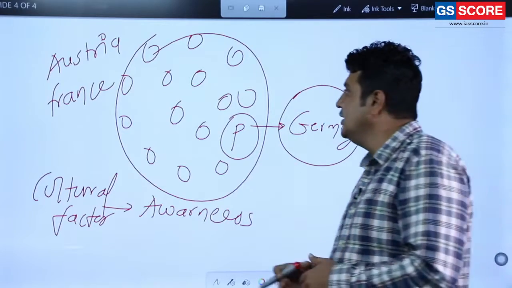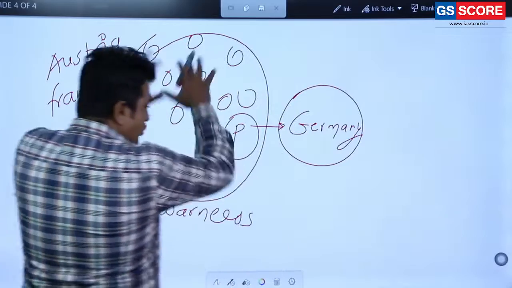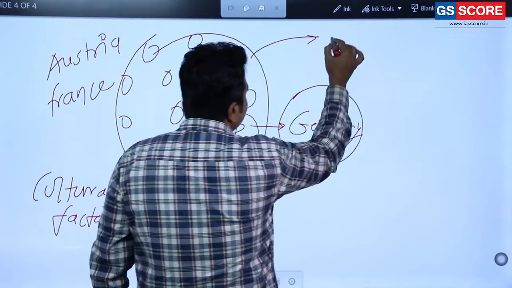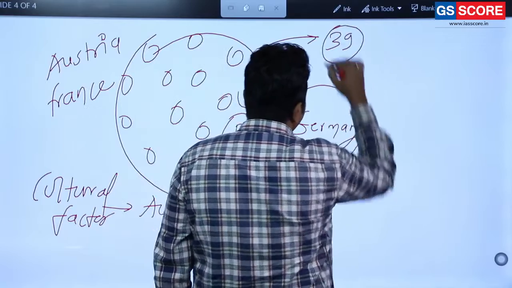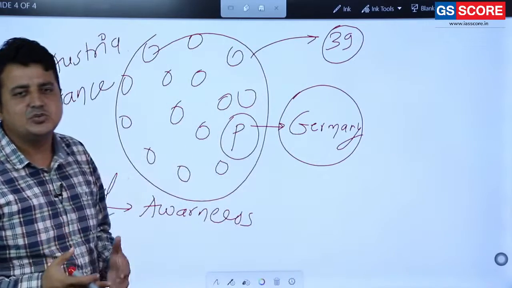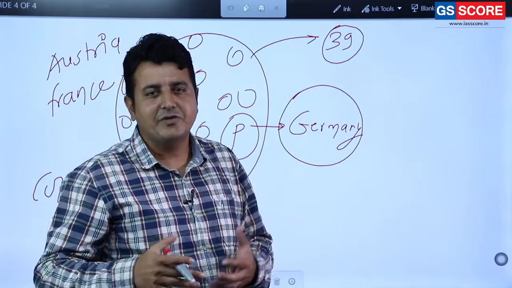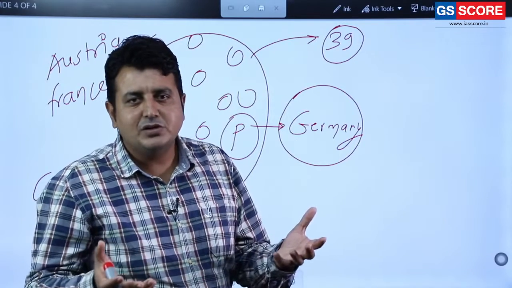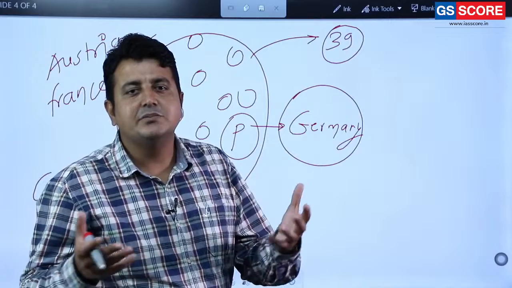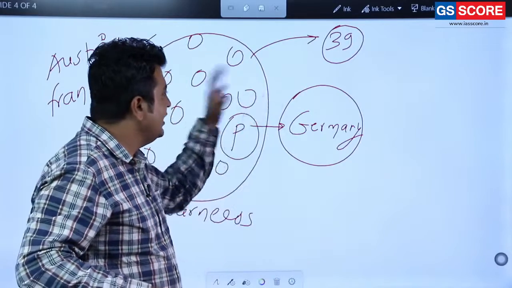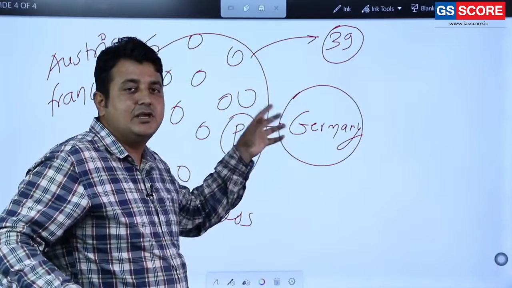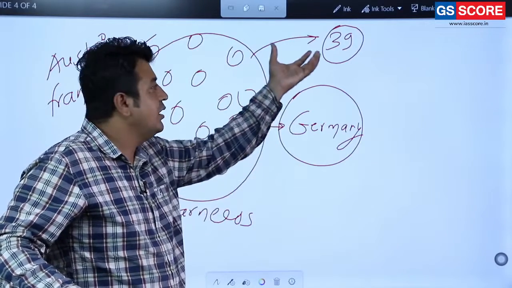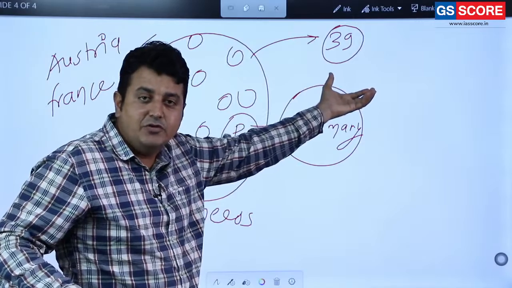What he did, he basically converted 200 states into 39 states for his administrative simplification, we can say that. It is better to handle 39 states as compared to 200 states. So, basically, in one sense he united the states, reduced the number and made a kind of political unification.